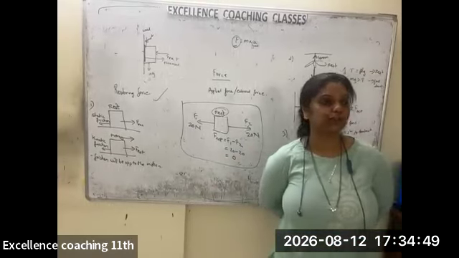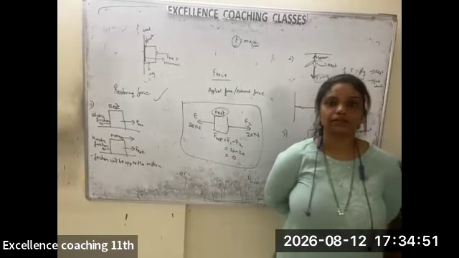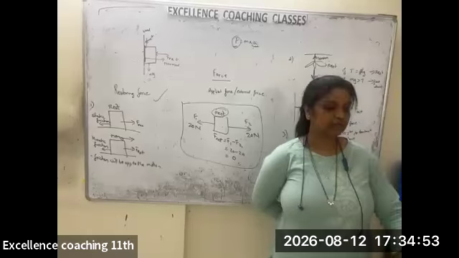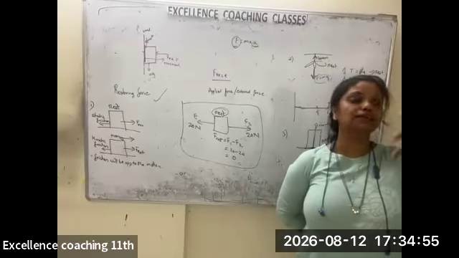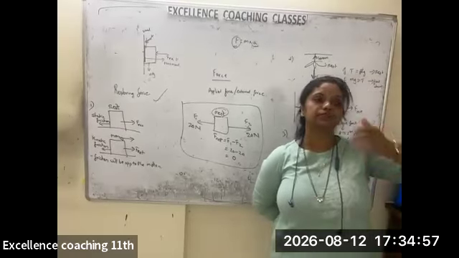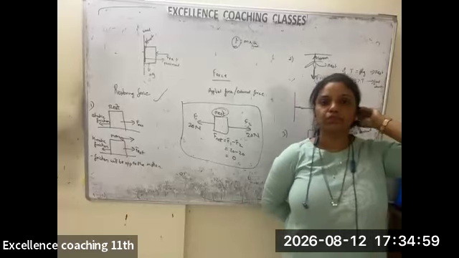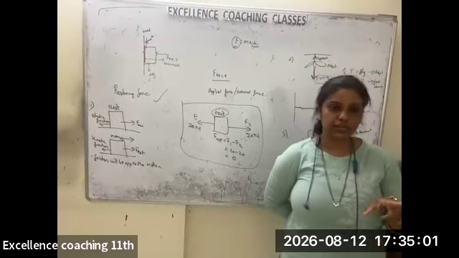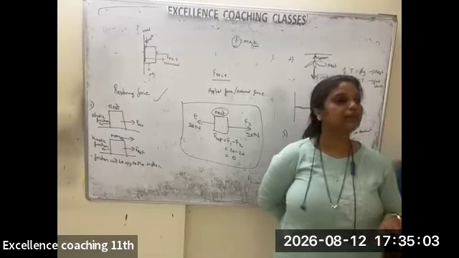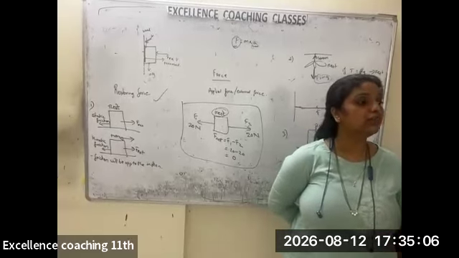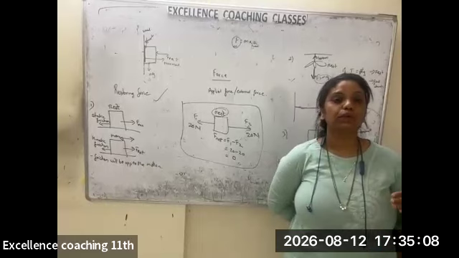But how will you answer? So this is the question where the horse suddenly starts running. It was at rest and it suddenly starts running. So what will you say? Initially, the rider as well as the horse was in the state of rest.